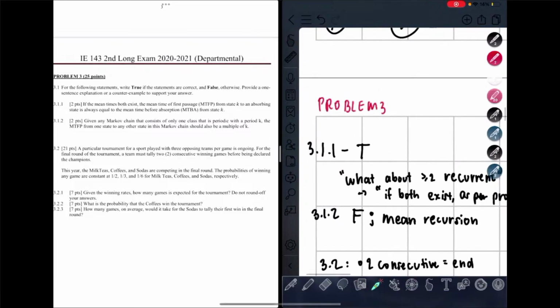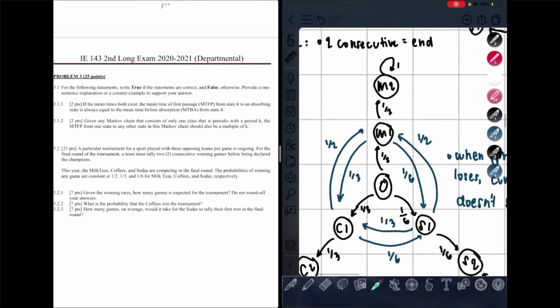Because we want two consecutive wins, not necessarily from any particular team, if any of the teams win twice, then the tournament is over. So we can model that as one absorbing state per win condition depending on the team. And then we can model the probability they'll win once and the probability that they'll win two in a row. So that looks like this.